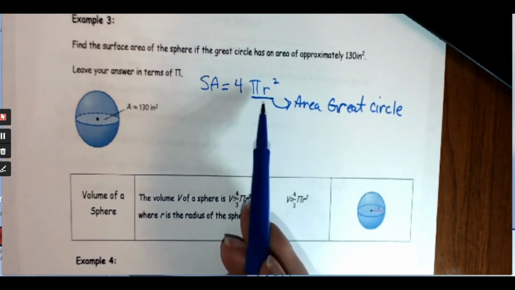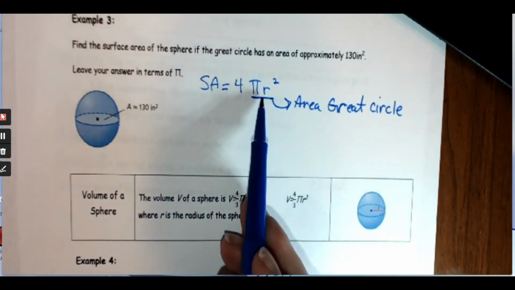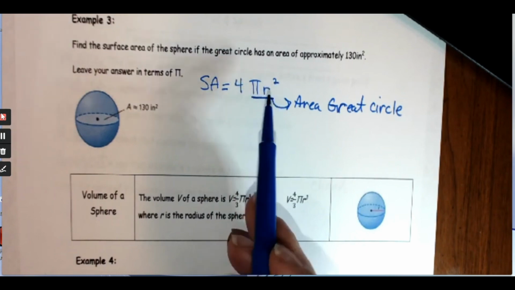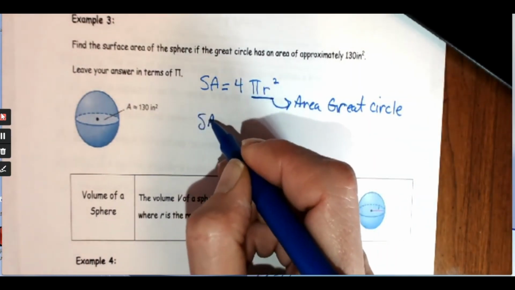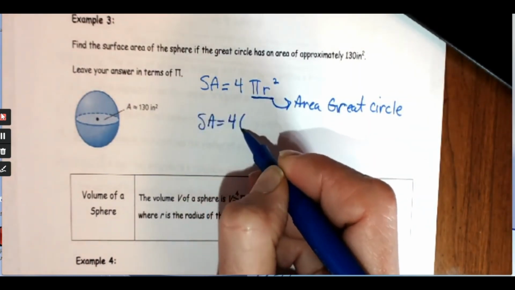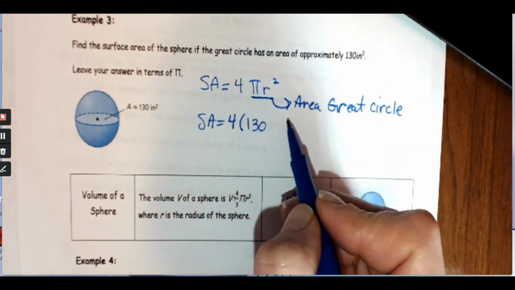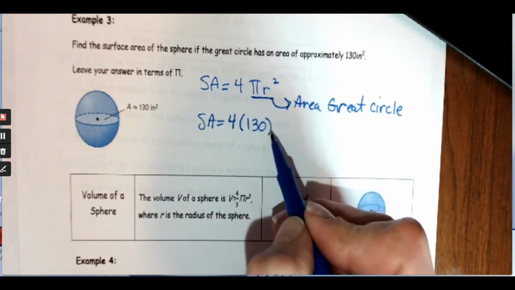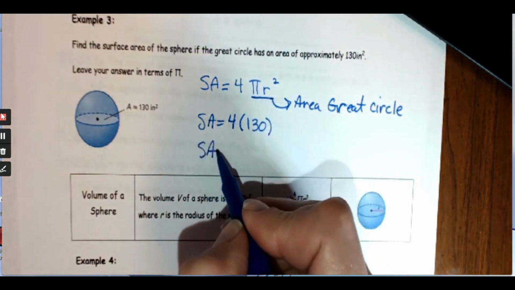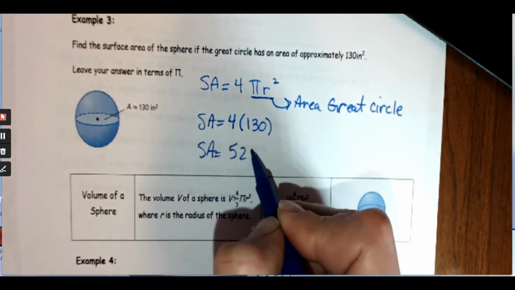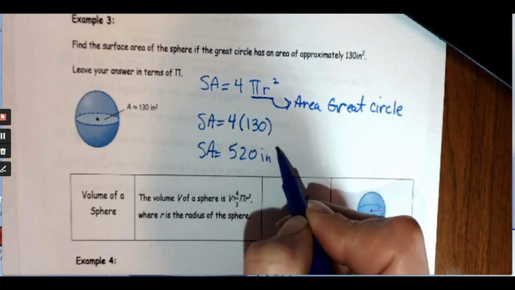So when we're given the area of the great circle, we can just plug that in for the pi r squared part of our formula. So here our surface area is just going to be 4 times, well, we know that the great circle is 130 inches squared. When we plug this into our calculator, we get 520 inches squared.